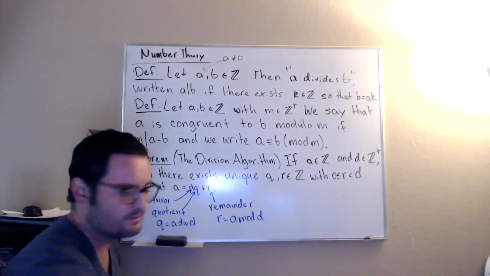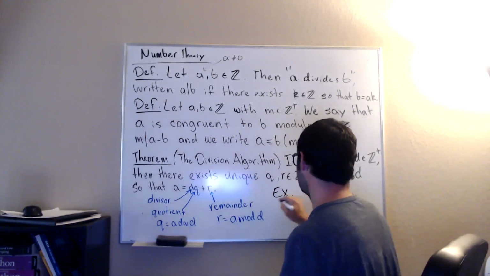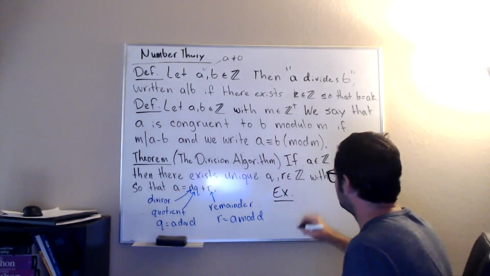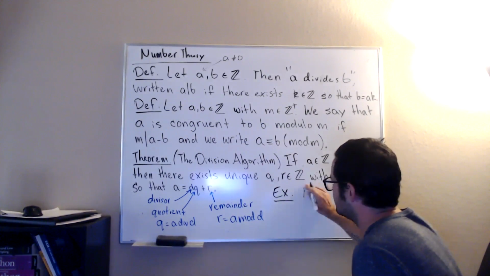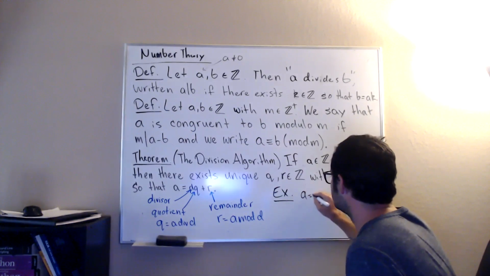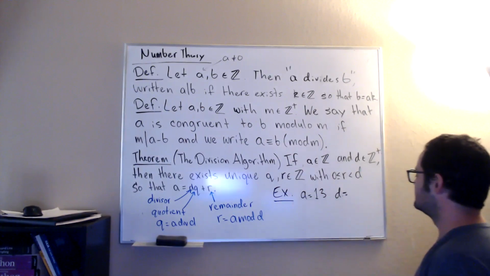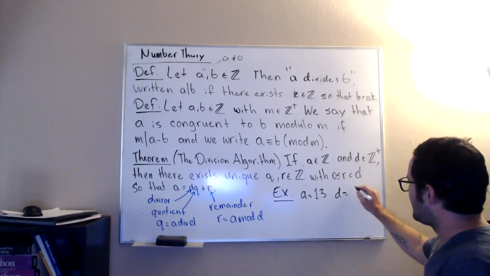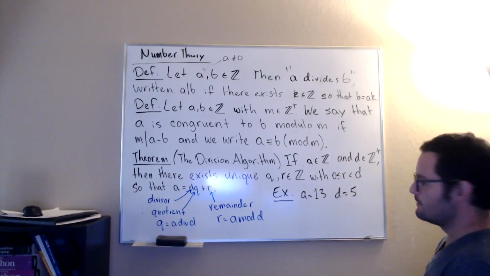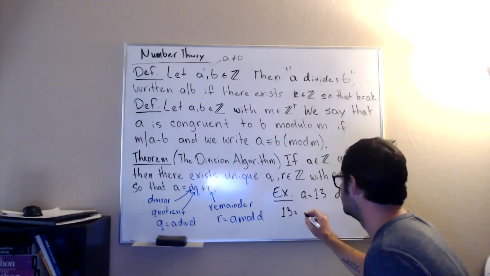Okay, so for an example of this theorem, take something like, I don't know, say maybe like A is equal to 13, D is equal to 5 or something. Then this theorem states that there's unique integers that satisfy this formula.